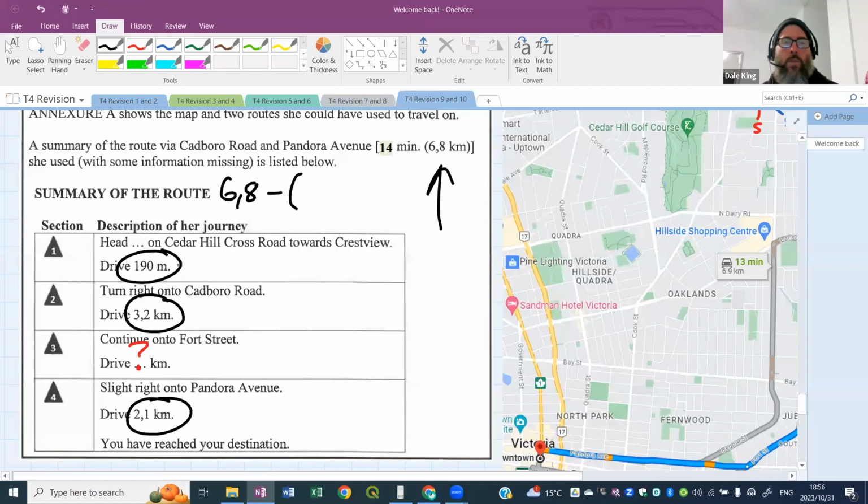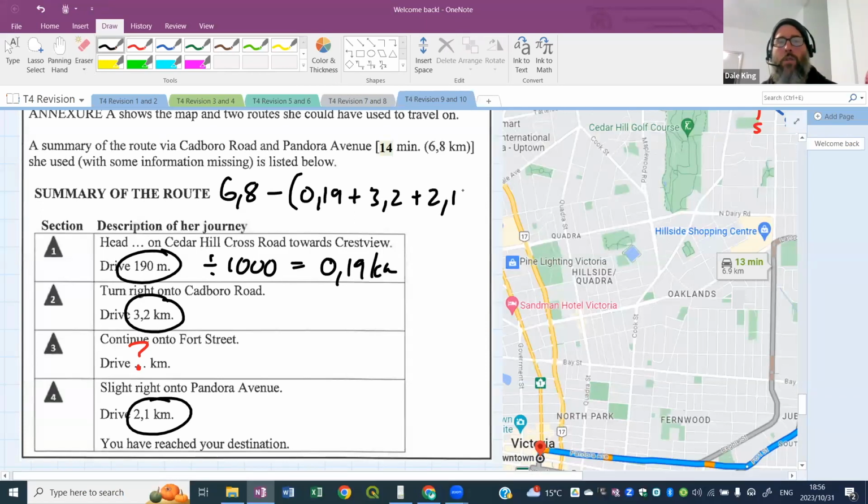And then the first part is 190 meters. You'd have to divide this by 1,000. And that'll give you 0.19 kilometers. So I'm changing it all to kilometers. So 0.19 plus the 3.2 and the 2.1. So I'd have to subtract all these other distances from the 6.8, and that will give me my answer there. Okay. All right.